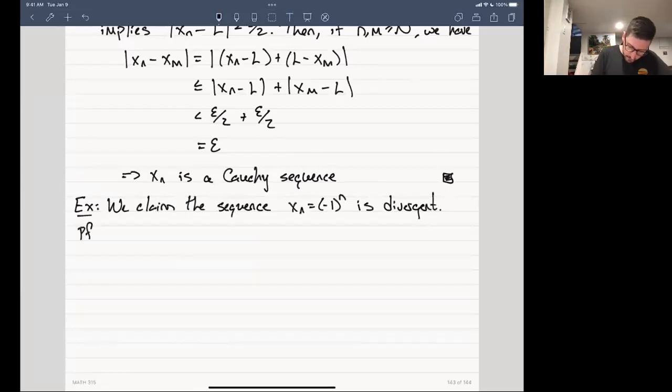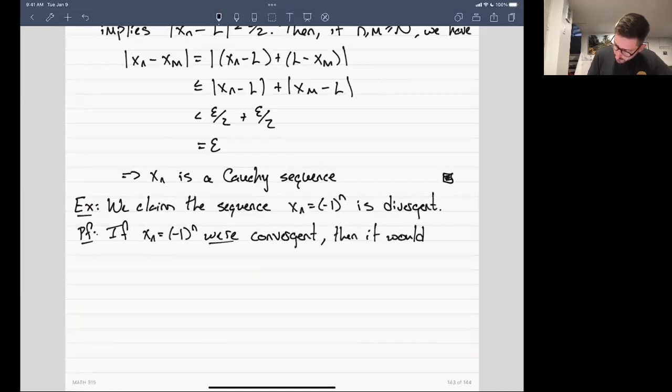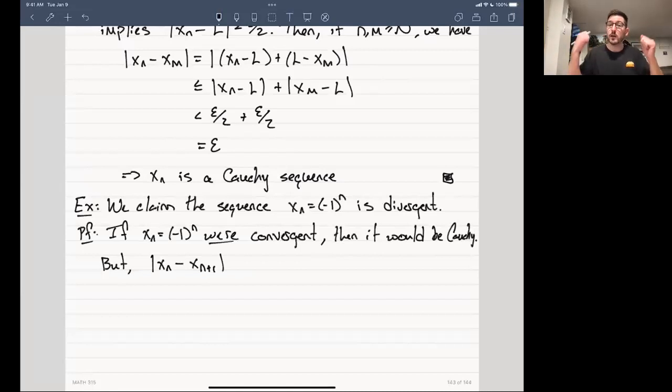Proof: if xn equal to (-1)^n were convergent, then it would be Cauchy, right? We just proved that. But if you look at the difference between any two successive terms in your sequence, one is going to be +1 and one is going to be -1. The difference is always equal to 2 for every little n greater than or equal to 1.